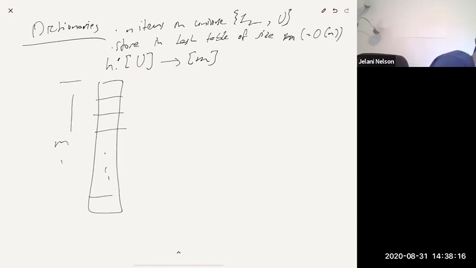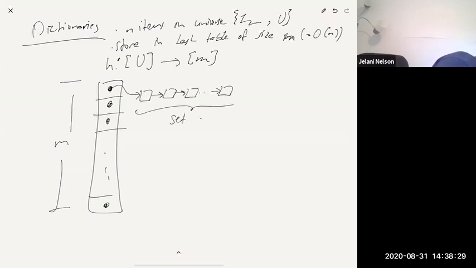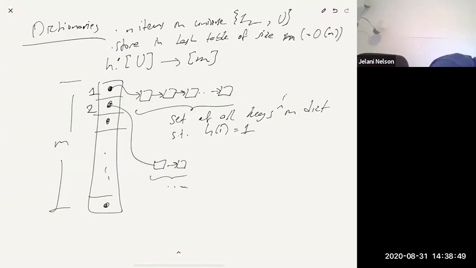It has size m, and each entry in the hash table is actually a pointer to a linked list. And this is the set of all keys in my dictionary such that h of i is equal to 1, because this is the first entry in the hash table. And similarly here, this would be the set of all keys such that h of i is equal to 2, right?